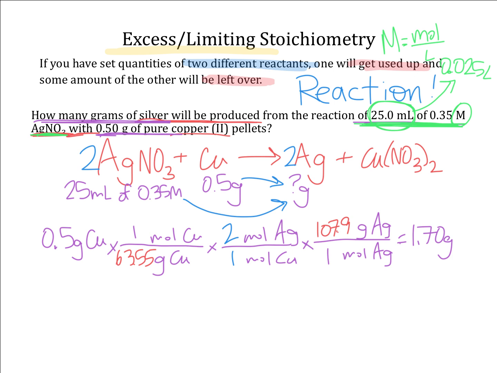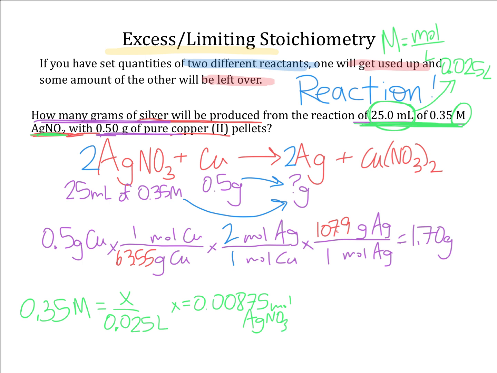So my molarity problem will start like this: 0.35 molar is X over 0.025 liters. This is going to find the moles of silver nitrate so that I can find the grams of silver. So that's 0.35 times 0.025, cross multiplying, gives me 0.00875 moles of silver nitrate.